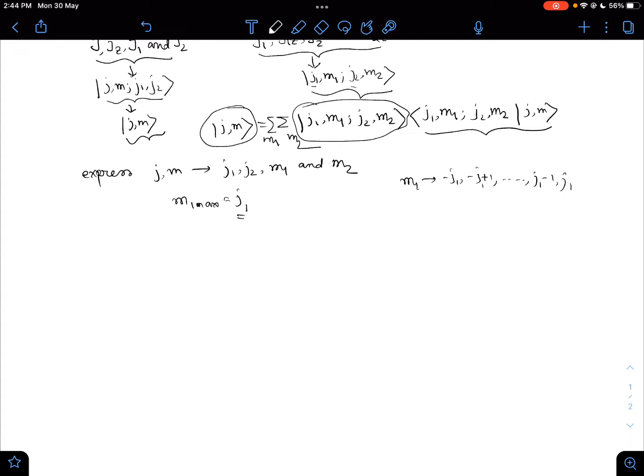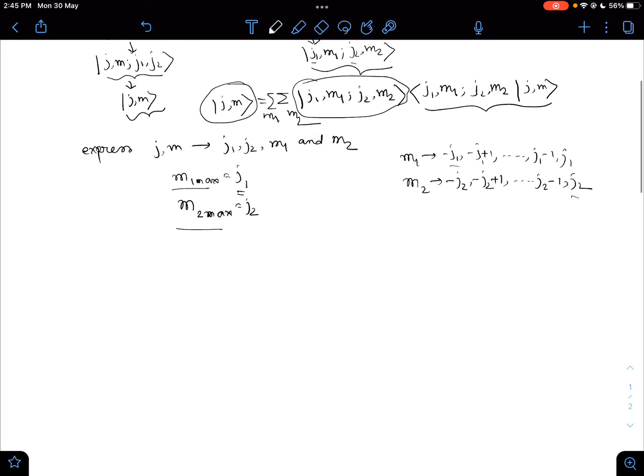Similarly, the maximum value of m2 is j2, because by the same logic m2 can have values from minus j2 to plus j2, and j1 and j2 are fixed. So the maximum value of m1 is j1 and the maximum value of m2 is j2.